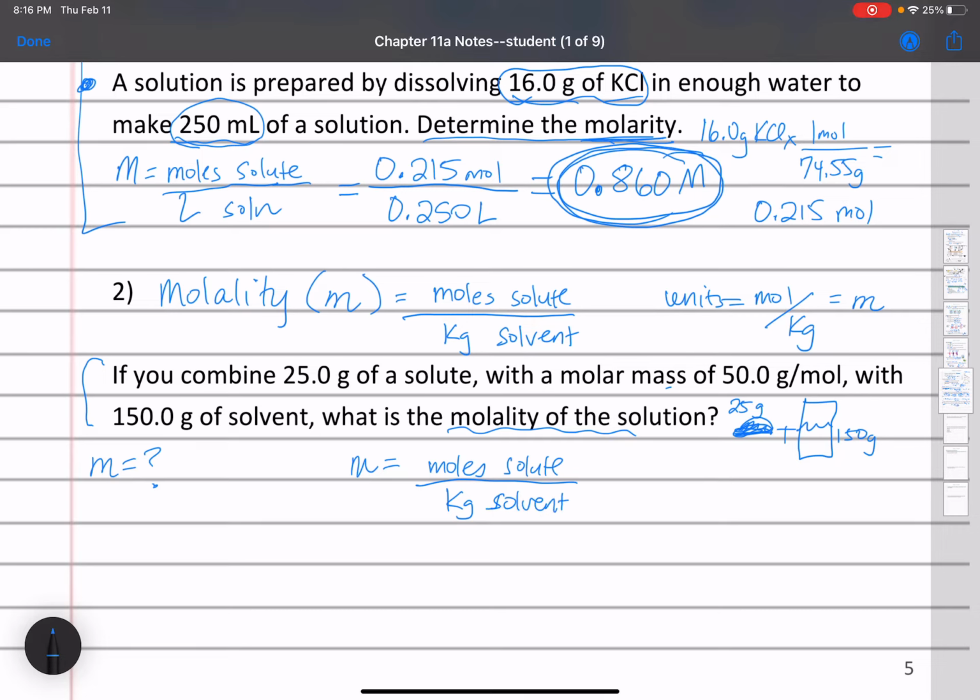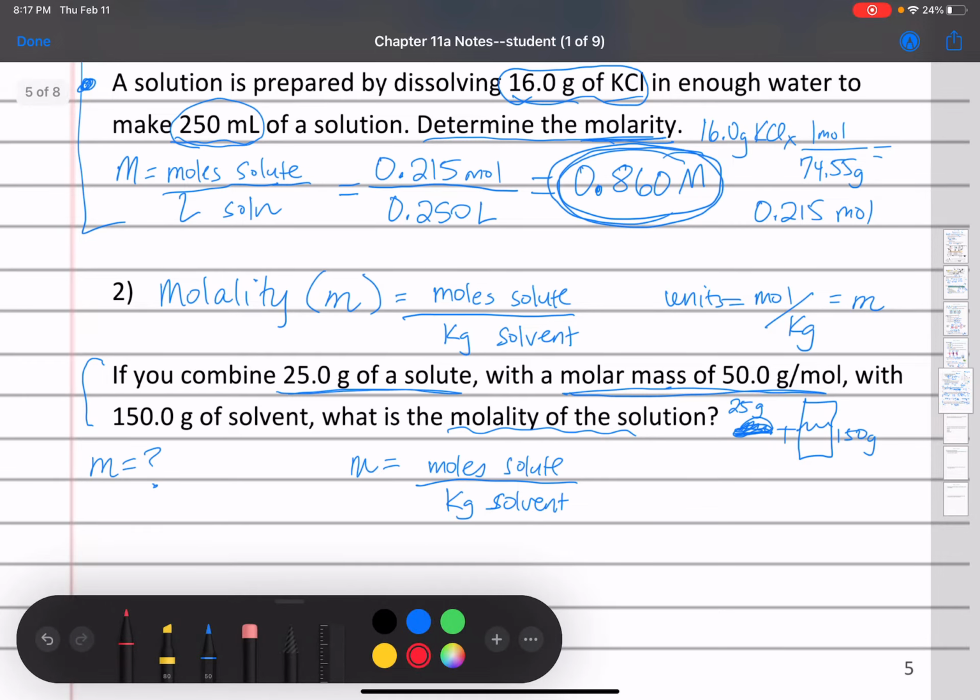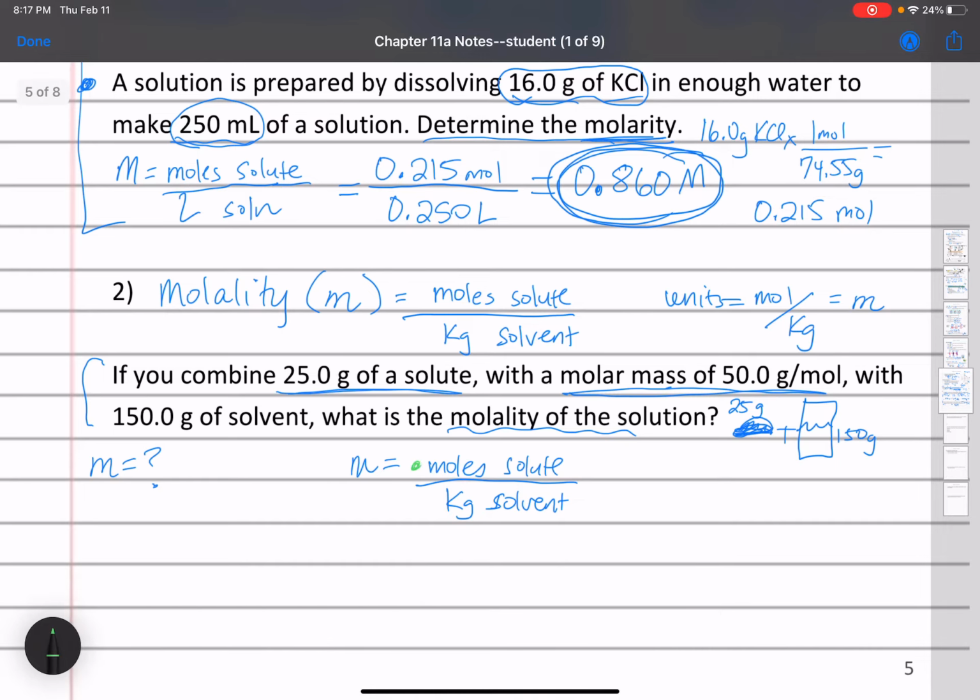So do I have moles of solute? No, it did not give me moles of solute, but it gave me the mass of the solute and the molar mass of the solute. And I can always find moles from the mass. So let's do that first. I'll color code this in green, okay?